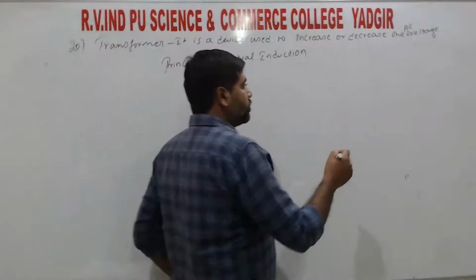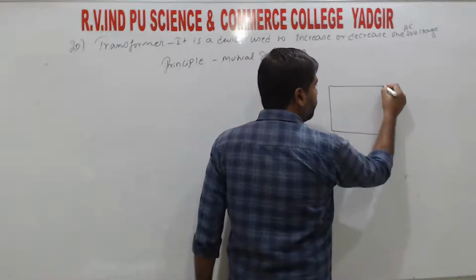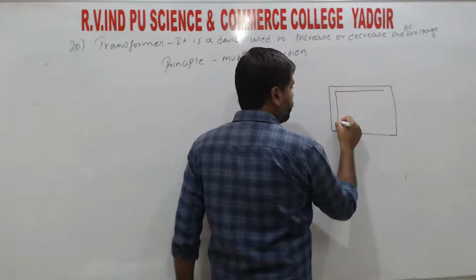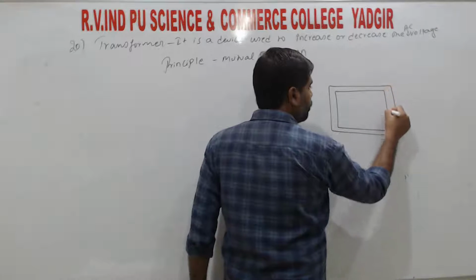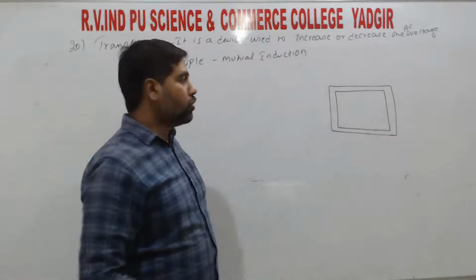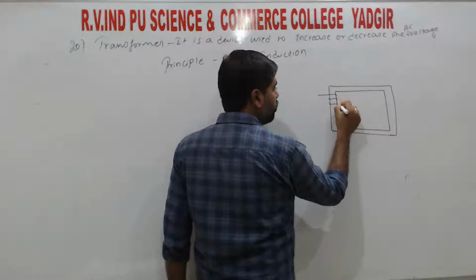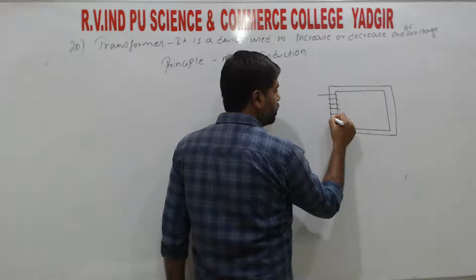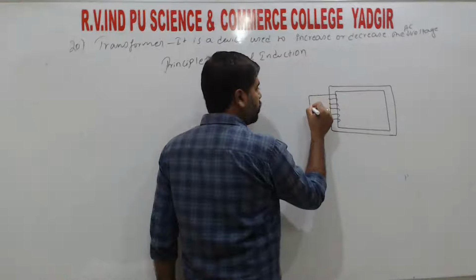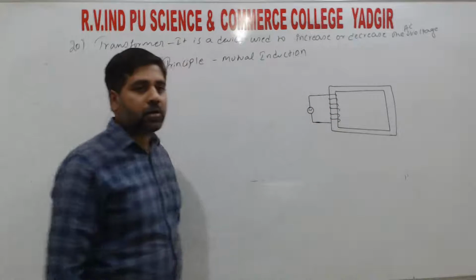Now, the working of the transformer. A transformer consists of a core, and onto this core the wires are wound. So this becomes the coil. This coil is subjected to AC voltage, right?